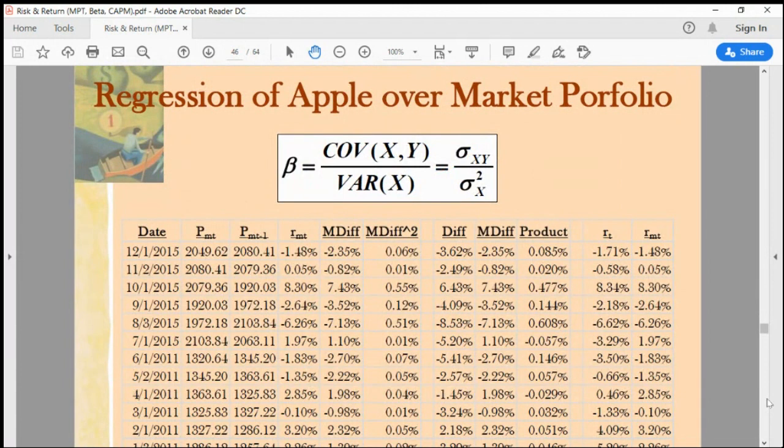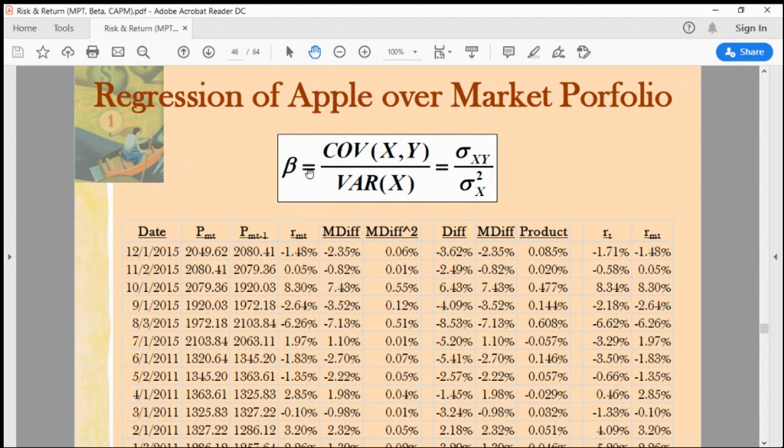In this class, we have limitations to do that, but if you have time, I'm going to show you. Running a regression for beta and alpha will be discussed in Finance 300.